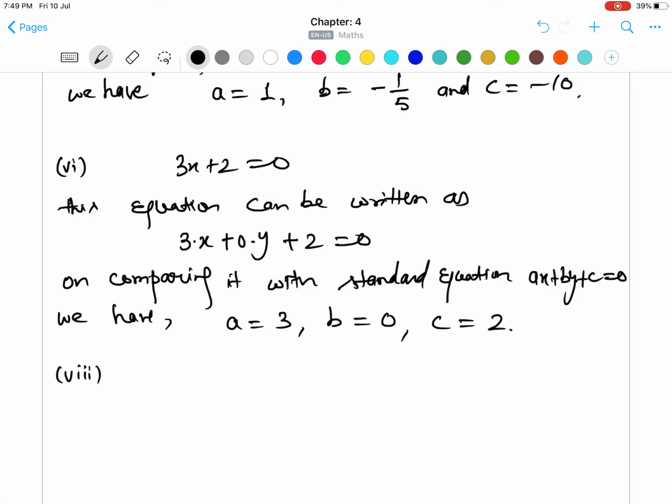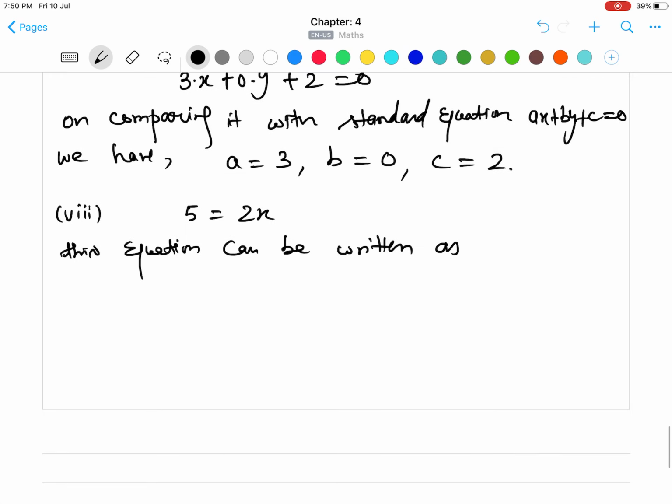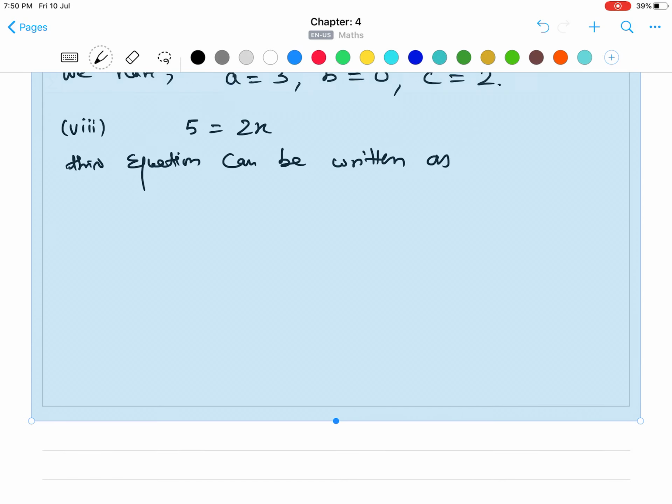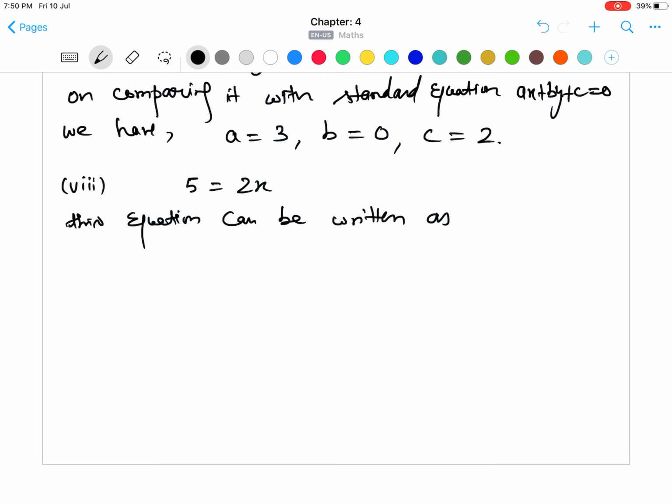Now I'm doing the 8th one, which is 5 = 2x. So this equation can be written as 2x, as there is no second variable y, we'll write the variable y with coefficient 0, and this 5 when shifted to the right-hand side will be -5, then = 0.